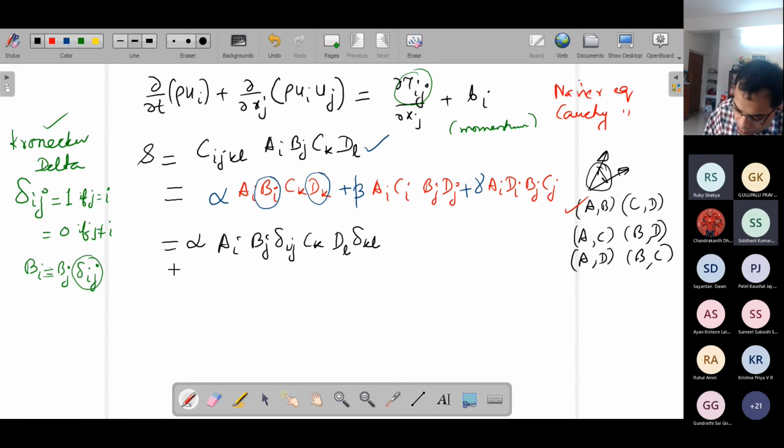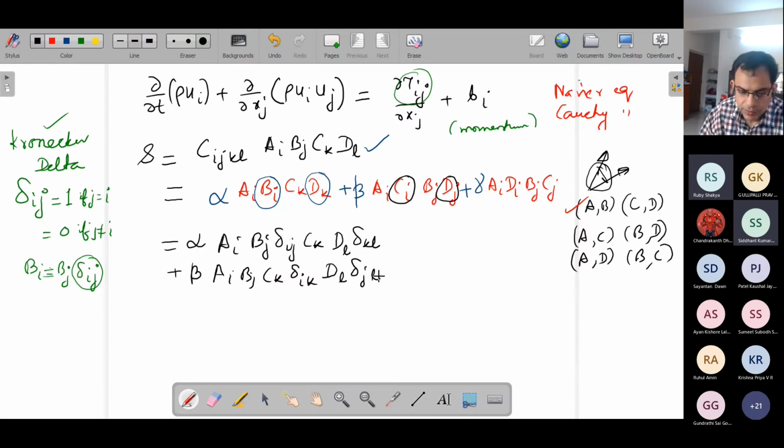Next, plus beta, AI is there, Bj is also there, Ci is Ck delta Ik, and Dj is DL delta JL. Then plus gamma, again AI, again Bj.